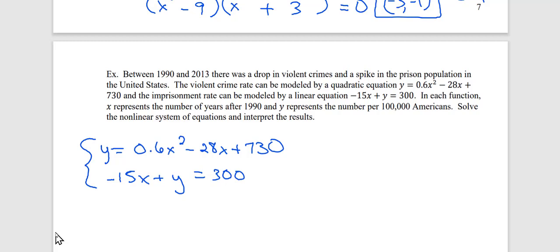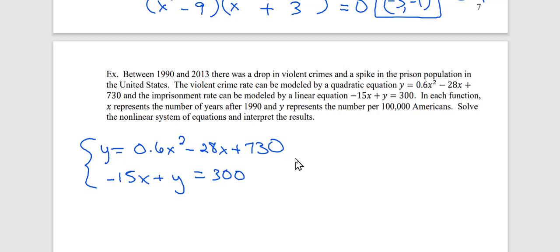It doesn't mean that every real life data point is going to be exactly on this parabola or exactly on this line, but it does mean that these equations best fit the data and are reasonable to work with. Lines are very reasonable to work with.